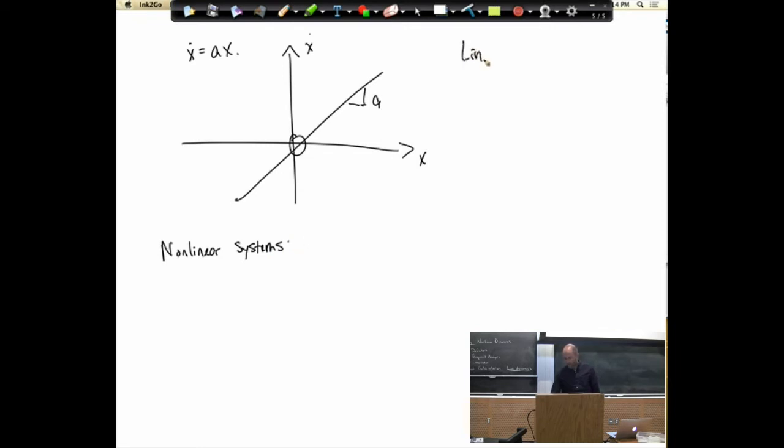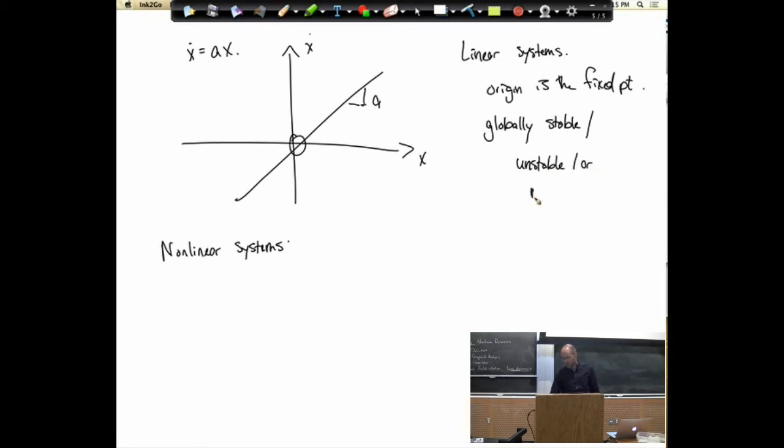So to write that, for linear systems, the origin is the only fixed point, and it's either globally stable, unstable, or marginally stable.